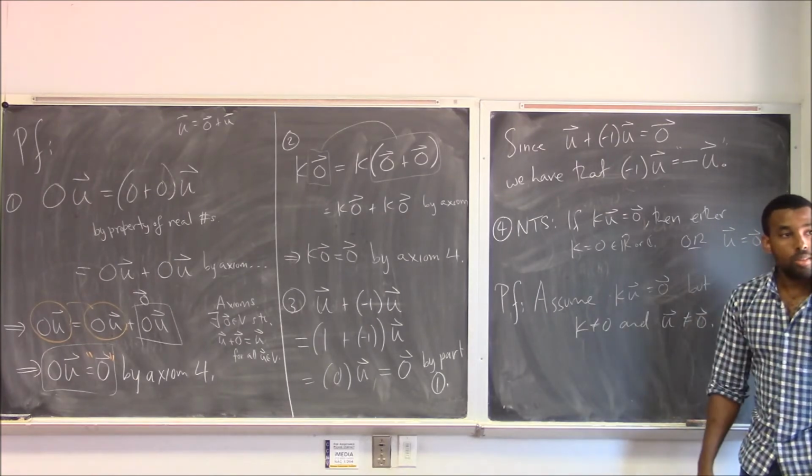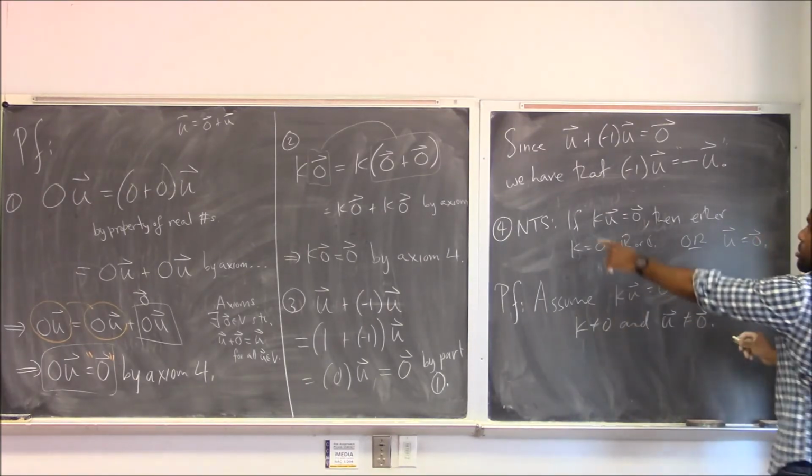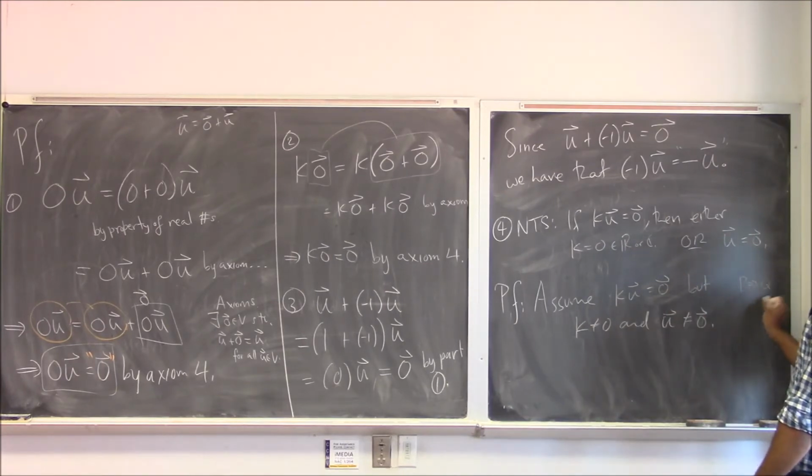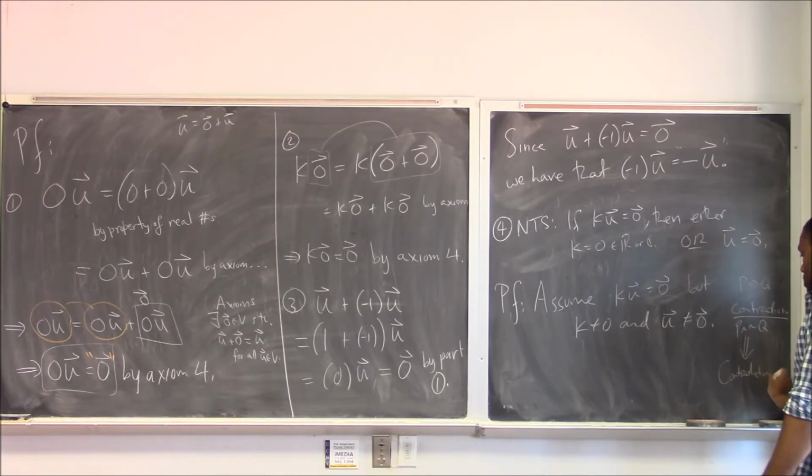Okay. Remember, this is a statement, by the way, if this, then that. That's the statement. Remember, P implies Q. If you want to do contradiction, you have to remember that your assumption needs to be P and not Q, and you need to show that that implies a contradiction. Right?